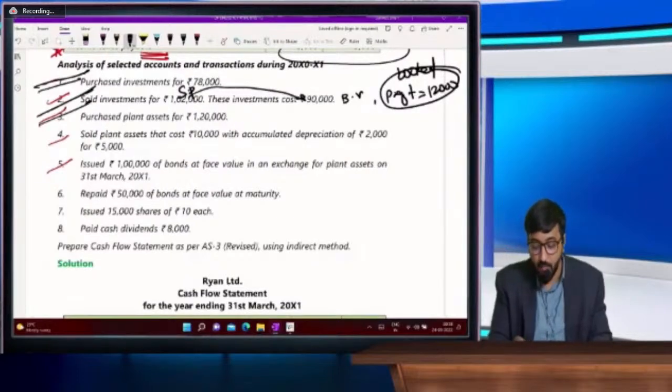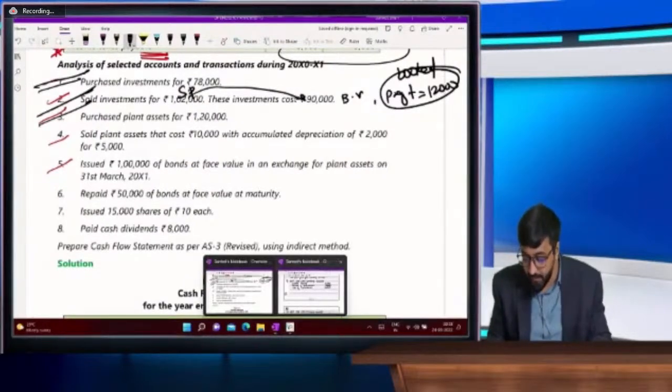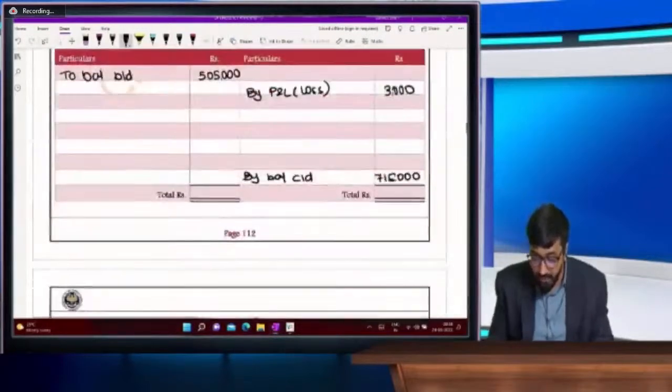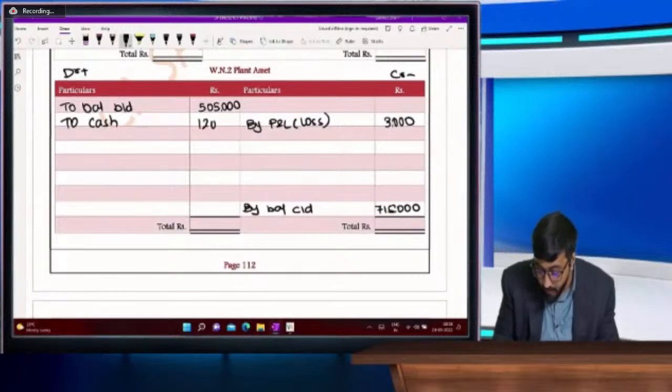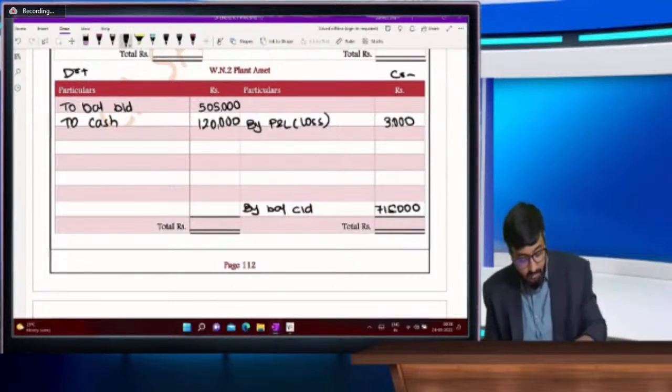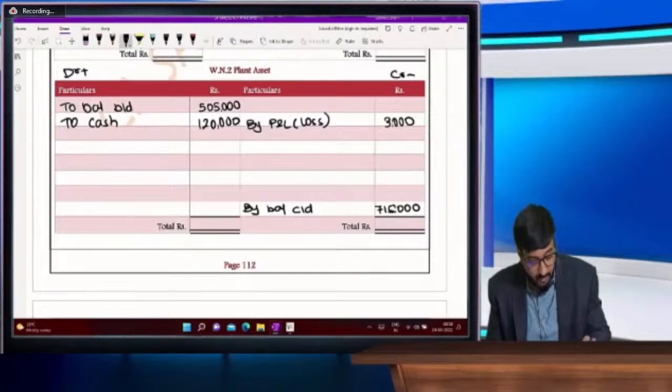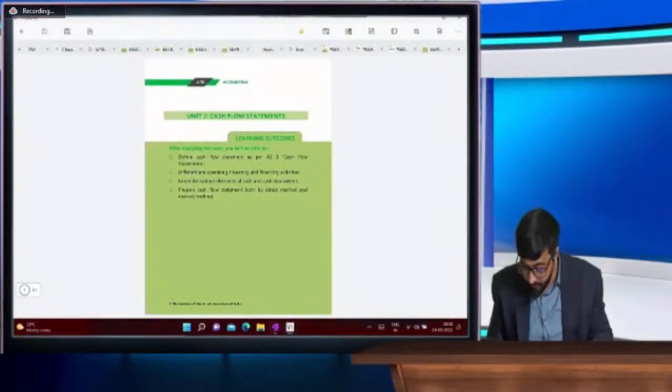Purchase plant of rupees 1,20,000. What is the entry? Plant account debit to cash, plant debit to cash 1,20,000.